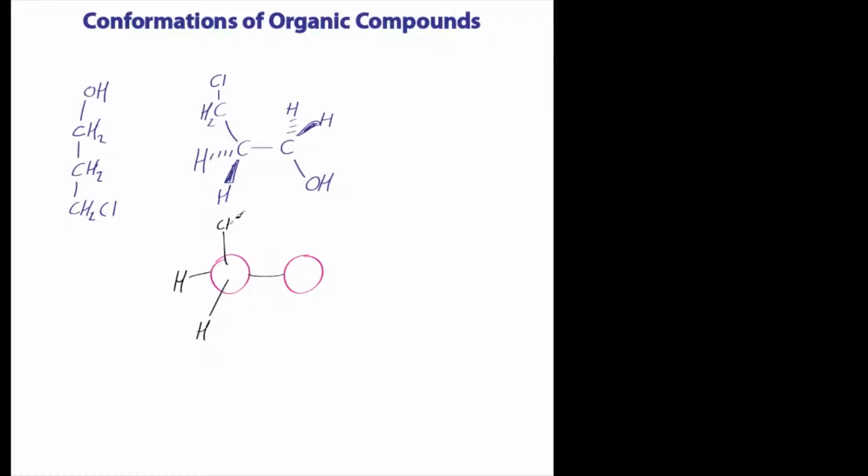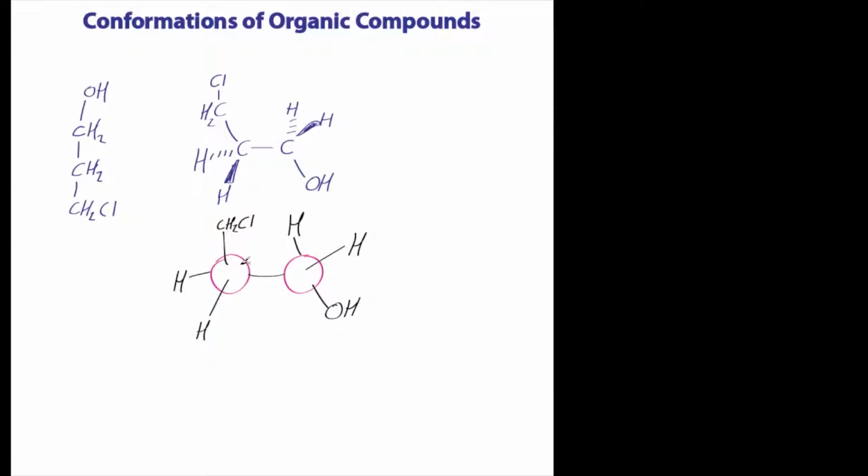That'll be CH2Cl, and then we've got this one here, and that's pretty much in the plane of that, so just come out there like that. OH. This hydrogen's sticking out, and that one's going back. So you can see what I've done here. I've just replaced these carbons with these balls, so you can see that it looks a bit more 3-dimensional actually like that. But as organic chemists, we tend not to draw things like that.